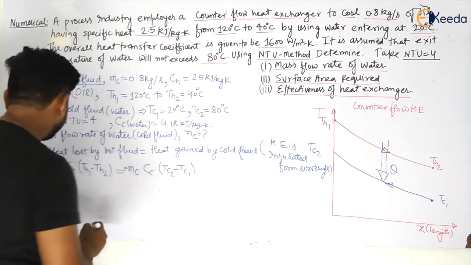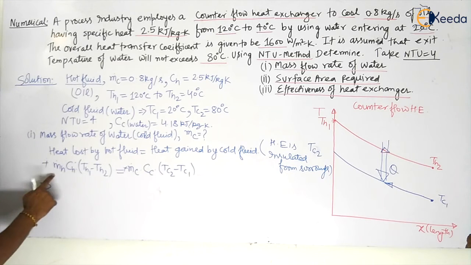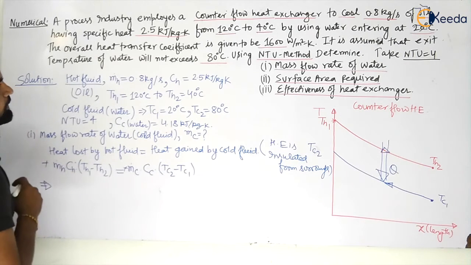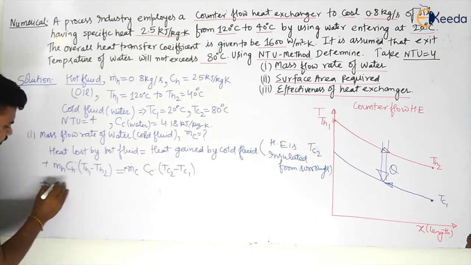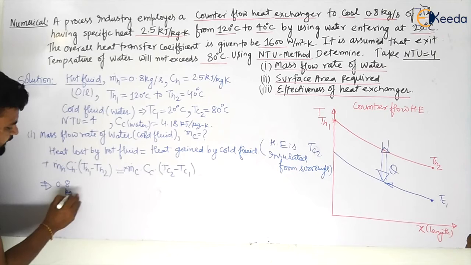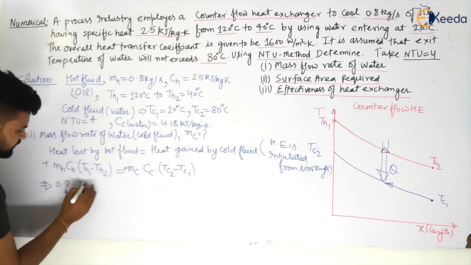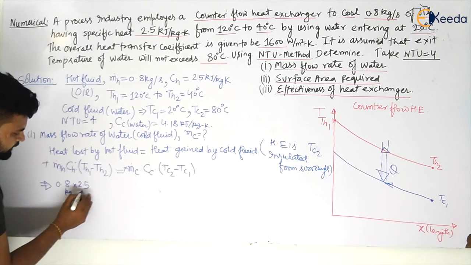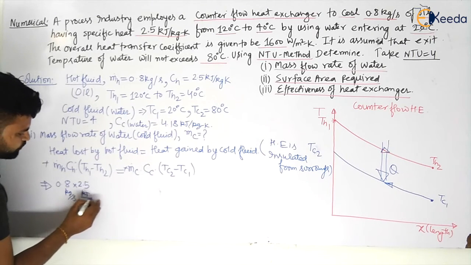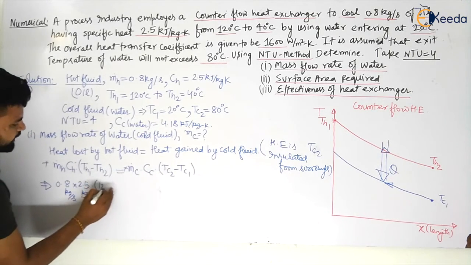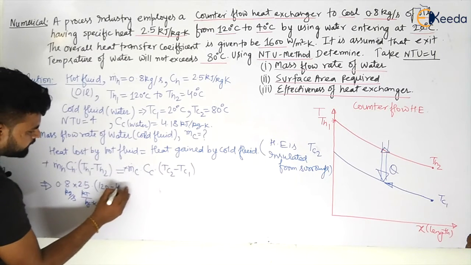Let us put the values. m dot h, the mass flow rate of hot fluid, is 0.8 kg of oil in the counter flow heat exchanger, so 0.8 kg per second, multiplied by Ch, which is 2.5 kilojoule per kg Kelvin, multiplied by Th1, which is 120 degrees Celsius, minus Th2, which is 40 degrees Celsius.